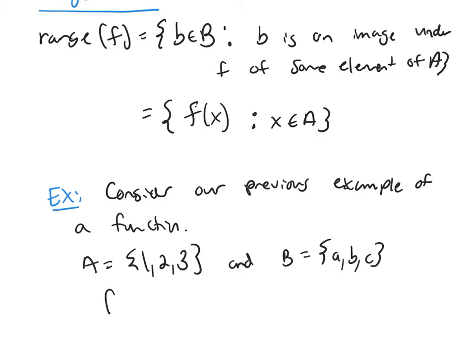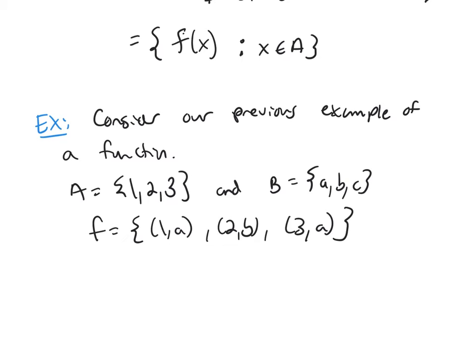And we had F as our function, which had the pairs (1, a), (2, b), and (3, a). And I want to know, so I'll say question, what is the range of F?